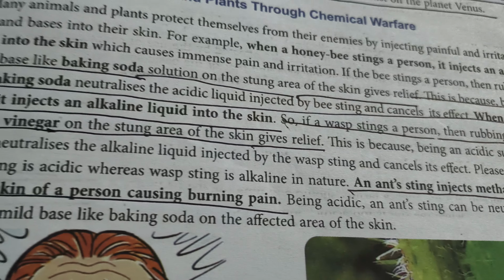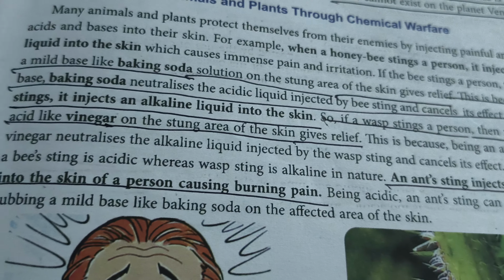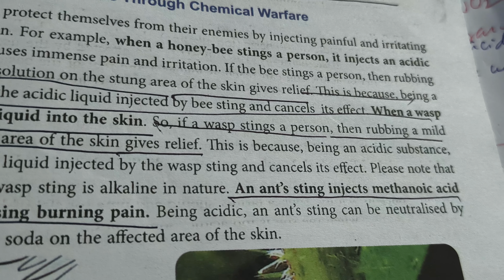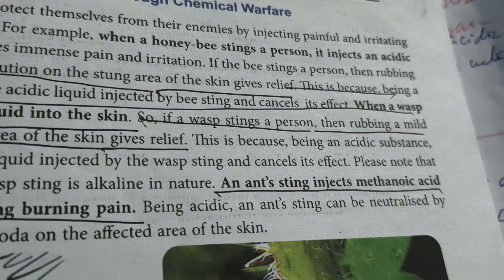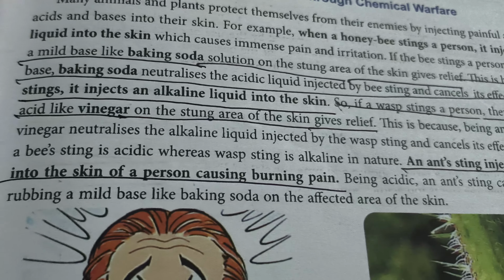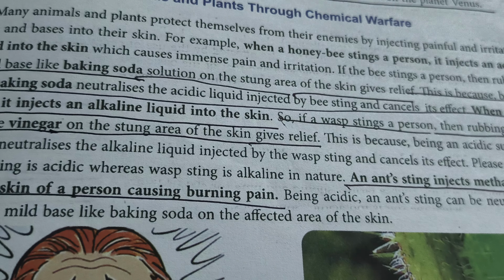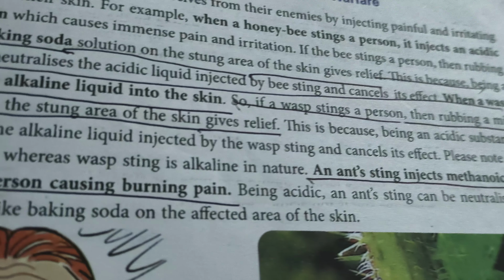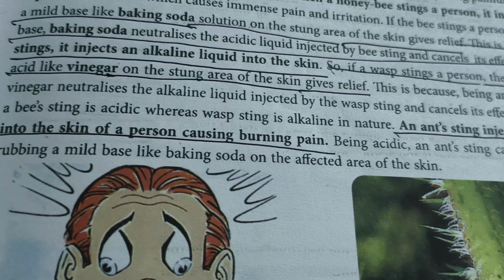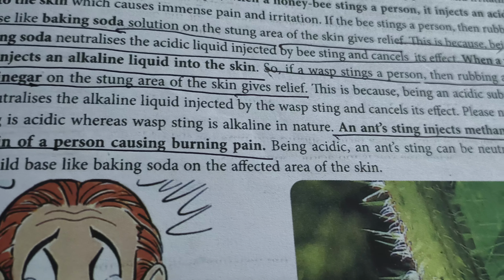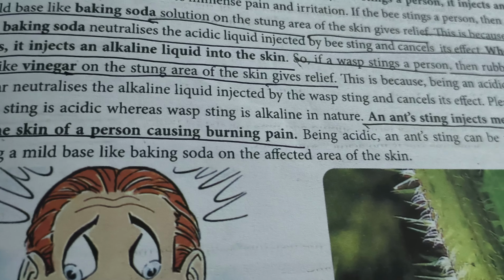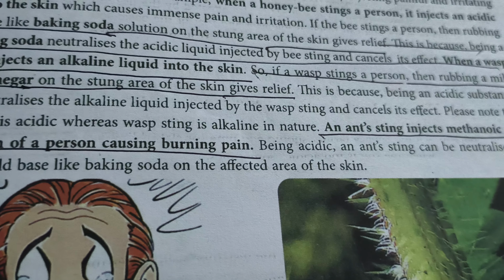Similarly, a wasp sting injects an alkaline liquid into the skin, so if a wasp stings a person, then rubbing a mild acid like vinegar on the stung area of the skin gives relief. This is because, being an acidic substance, vinegar neutralizes the alkaline liquid injected by the wasp sting and cancels its effect. Please note, bee sting is acidic, whereas wasp sting is alkaline in nature.